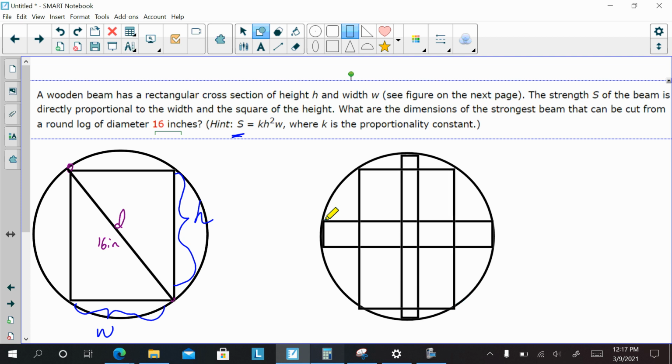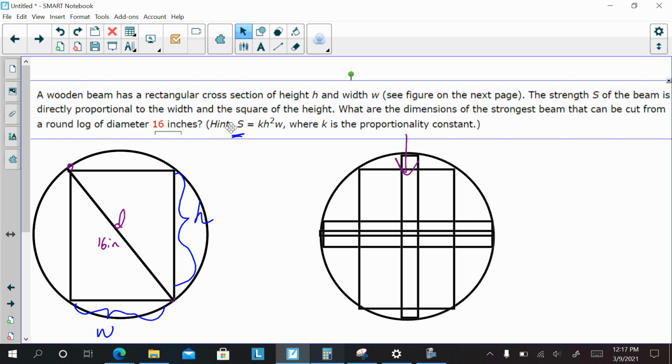I can make it really wide to the point where it has almost no thickness at all, but there's got to be a maximum point in there somewhere. If it's not very wide, then it's not going to be very stable. If it's not very tall and we're putting a load on it from the top, pushing down, if it's very thin, then it's not going to be very strong. So they give us this equation that relates the strength to height and width, where K is just some proportionality constant.